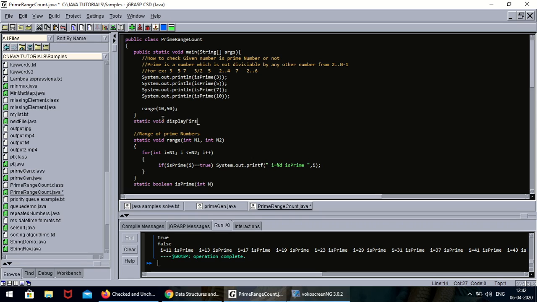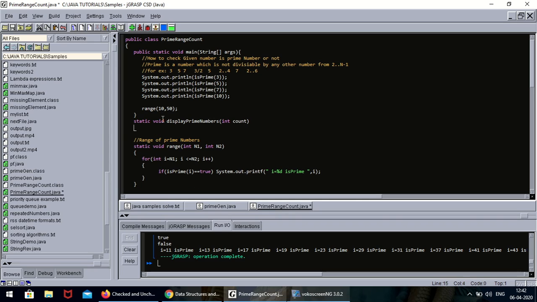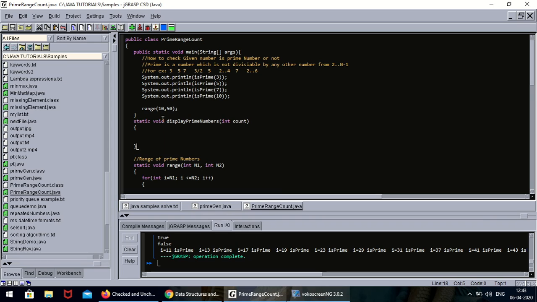Display first prime numbers, int count. In that case, we need to run an infinite loop.